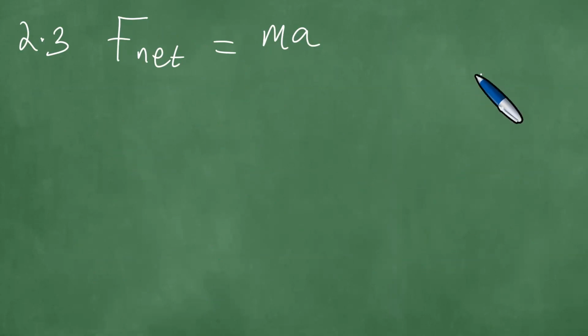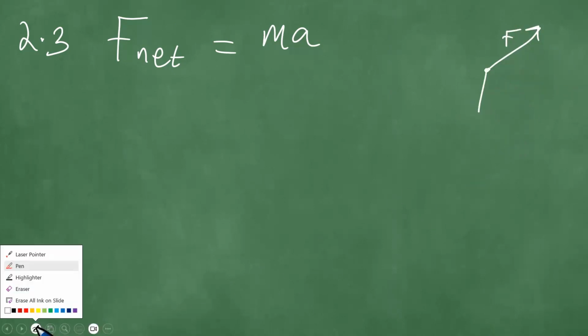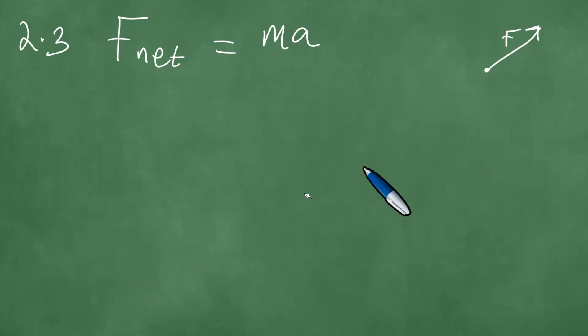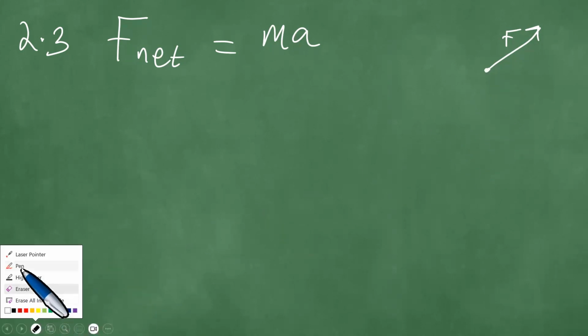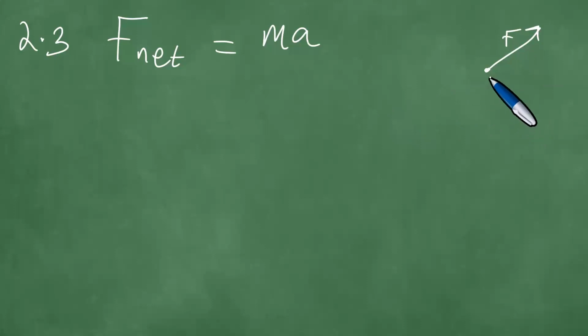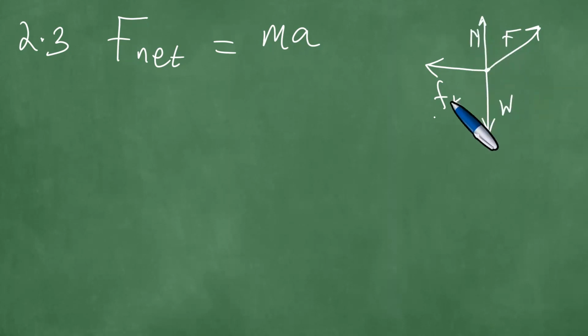And so if you look at the fact that this is the applied force F, and we have here with us the weight that is straight down, the friction, and the normal force. So this one is straight down, it is the weight, and this one is the friction, and this one is the normal force.